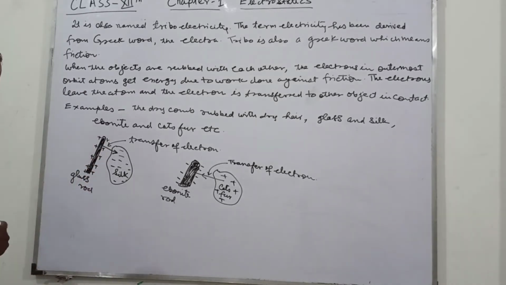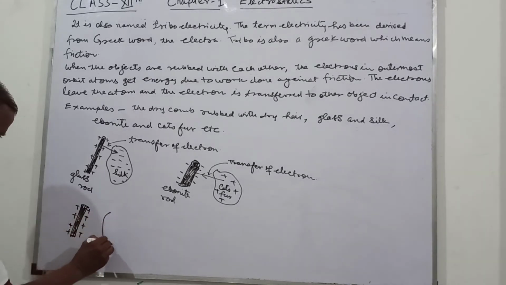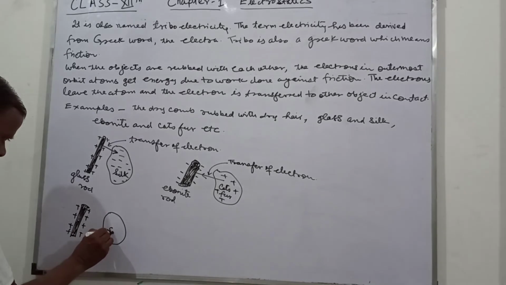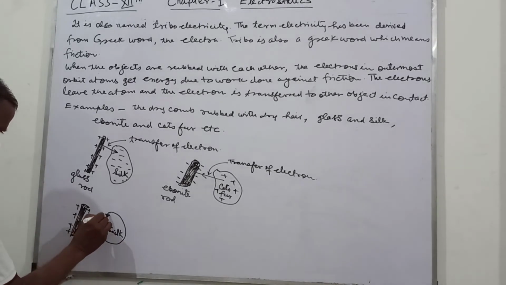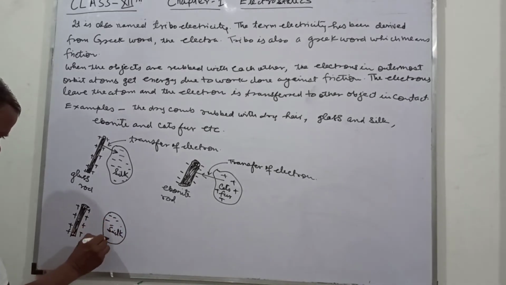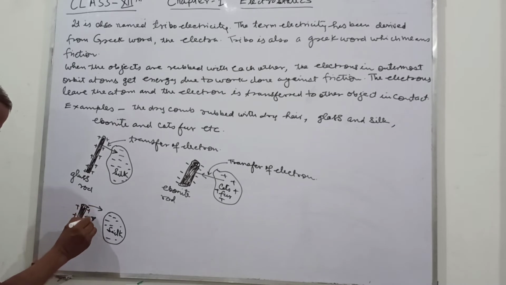Suppose this glass rod is positively charged and this silk is negatively charged. Then they will attract each other.